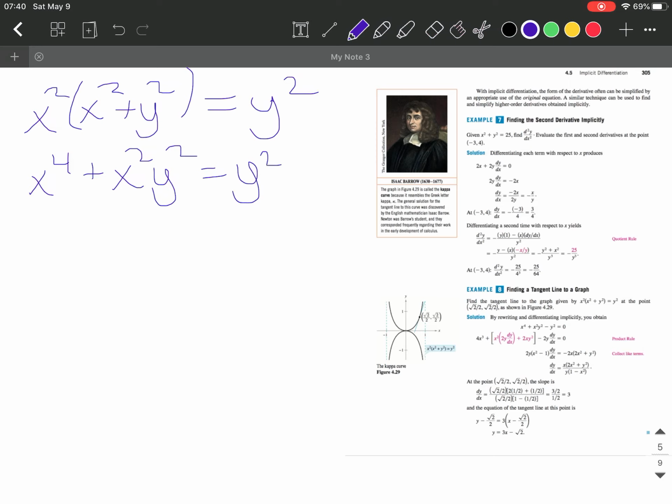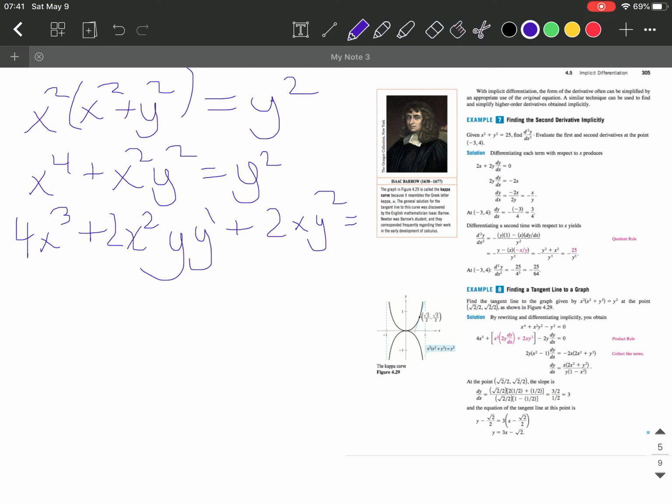And then you would use implicit differentiation. The derivative of x to the 4 is 4x cubed. For this, you would have to use the product rule. So first, the first one times the derivative of the second one. So it's x squared, let me bring the 2 in front, y prime, plus the second times the derivative of the first, equals.